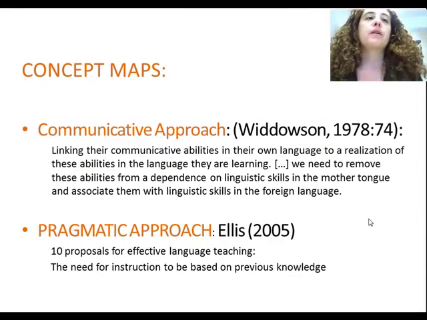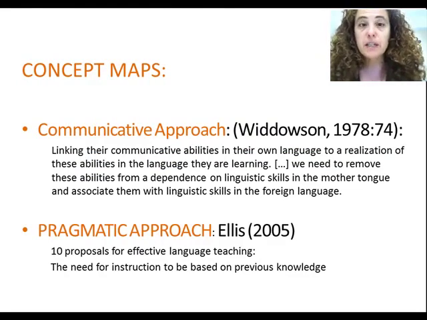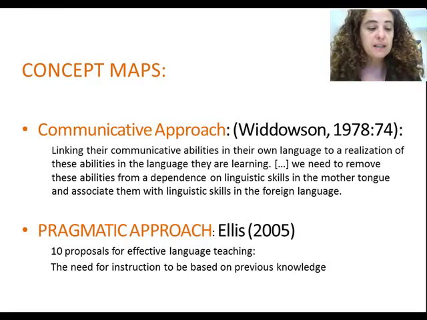Concept maps have been chosen because they relate to the communicative approach stated by Widdowson in 1978, which proclaimed that we need to take all communicative abilities linked to our first language and be able to relate them to our second language, and therefore expand our language skills in a foreign language.